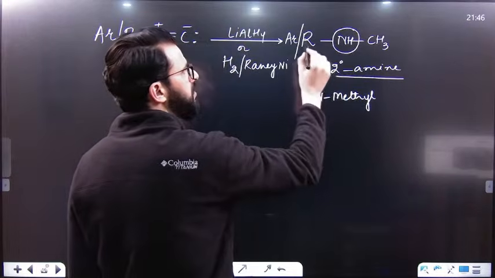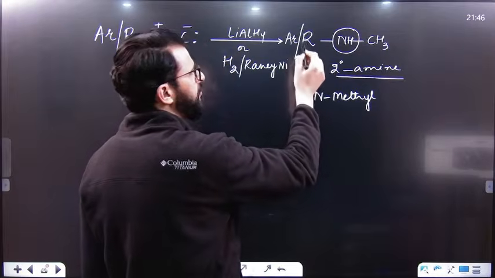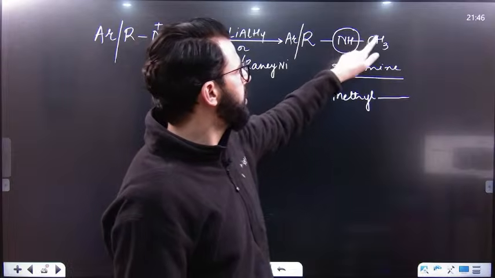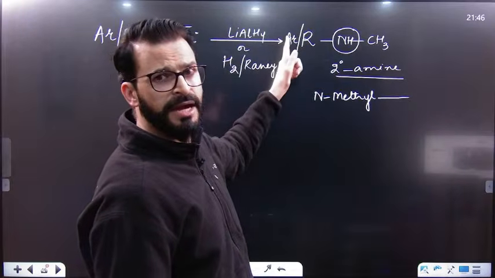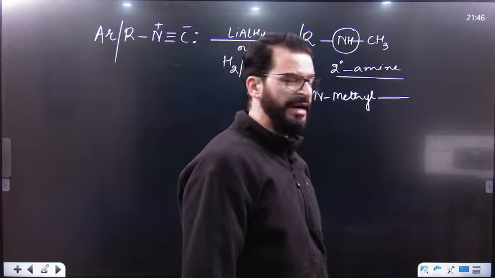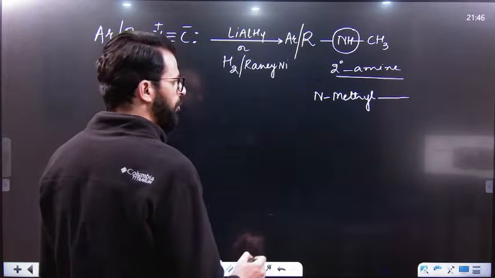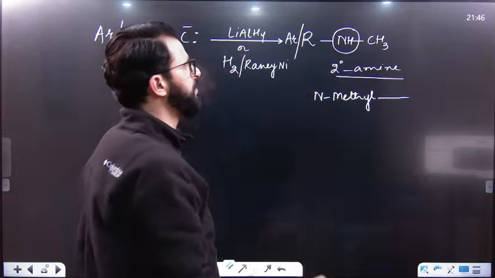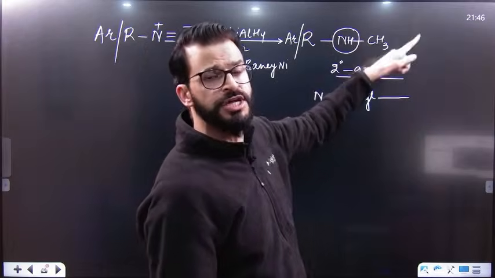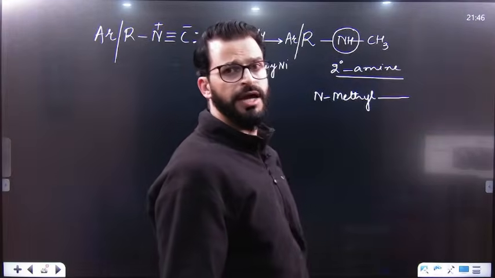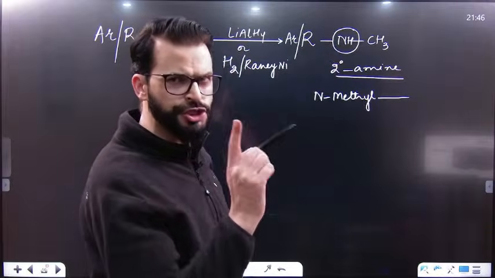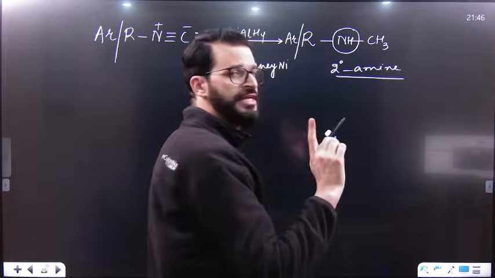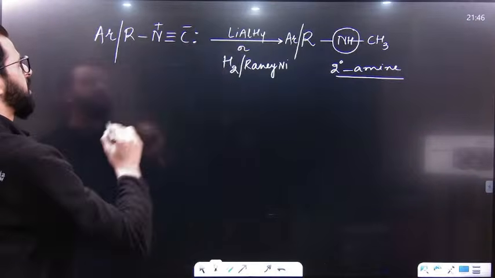If this is CH3, then it is N-methyl methanamine, what we call dimethylamine. Here the amine will always be one in which one of the alkyl groups is methyl. We cannot prepare CH3CH2NHCH2CH3 from this. Why? Because one of the alkyl groups attached to nitrogen should be methyl. So this is the limitation of this reaction: each and every secondary amine cannot be obtained, but this can be obtained in this fashion.